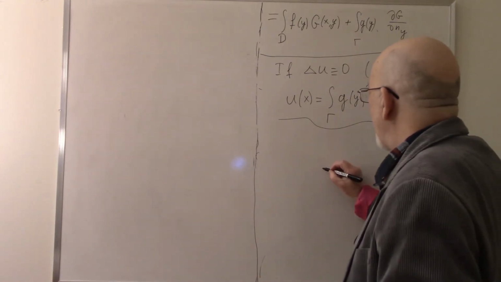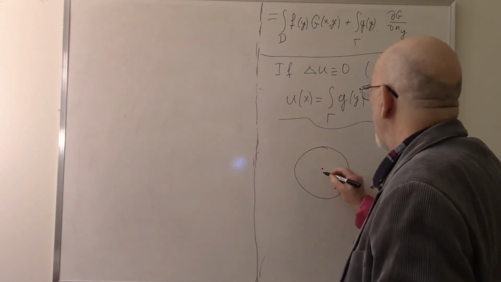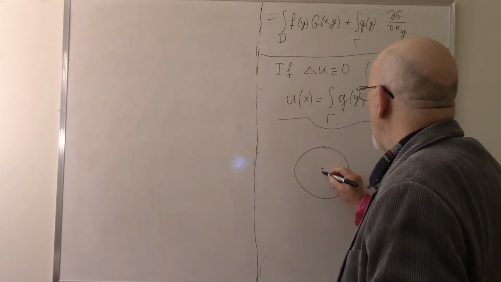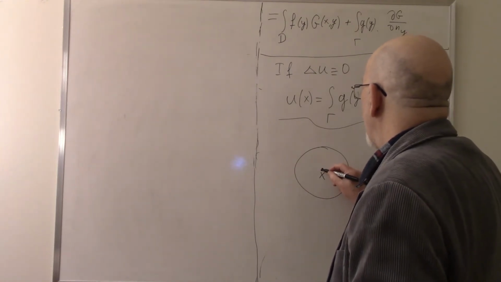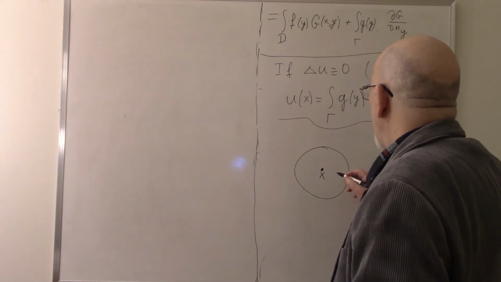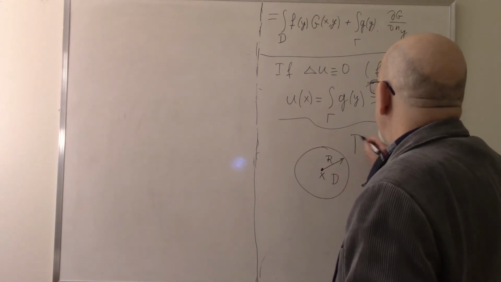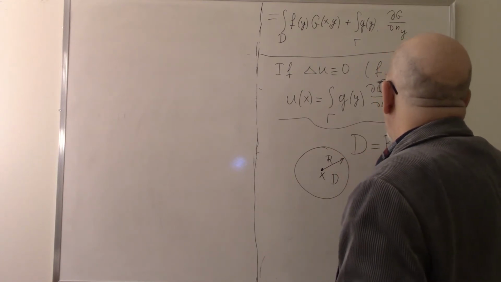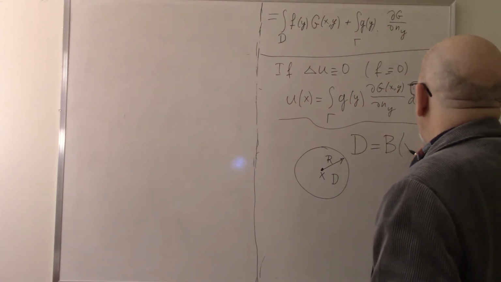And consider the situation when our domain is a ball around the point x, so x is the center, with radius say r. So D is a ball with center at the point x and radius r.